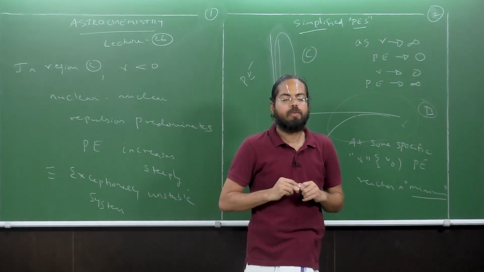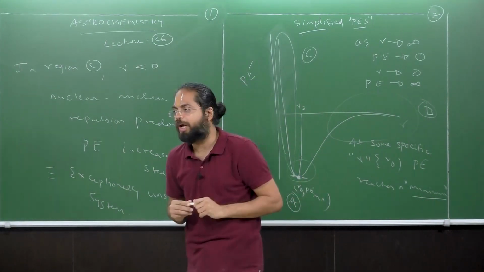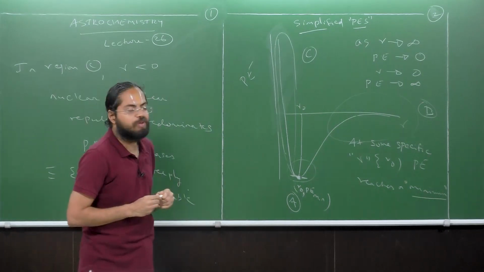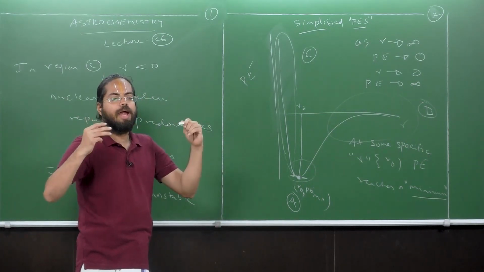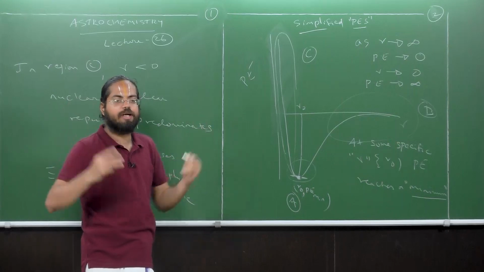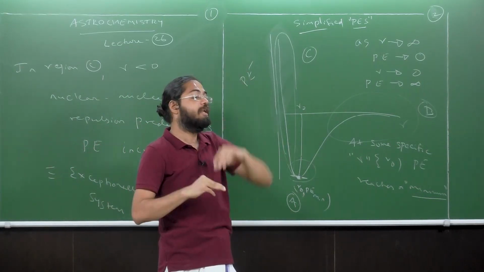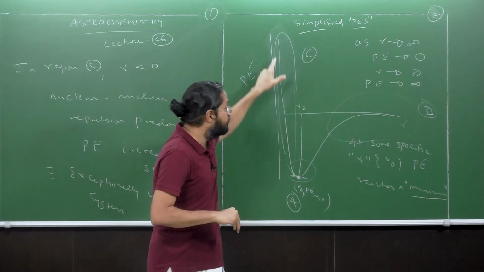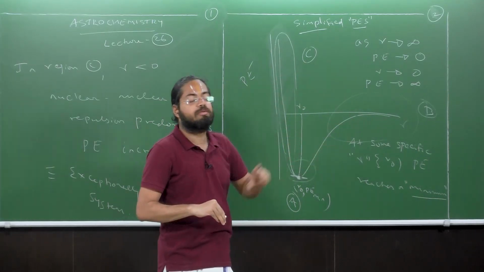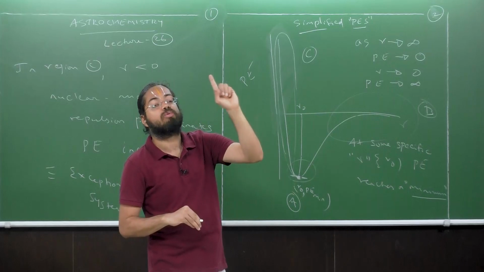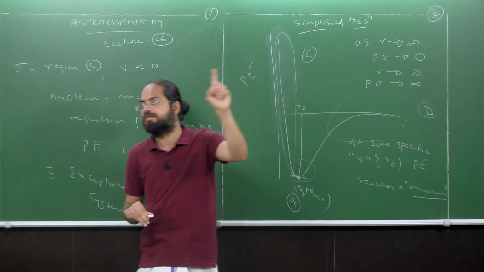Now, what I have not told you, and here a key idea is going to emerge related to various electronic states and electronic transitions, is that this potential energy surface corresponds to any one electronic state. Please note this point very carefully.